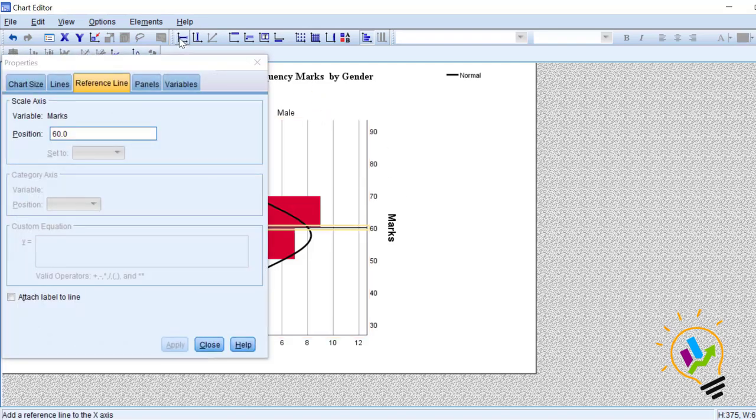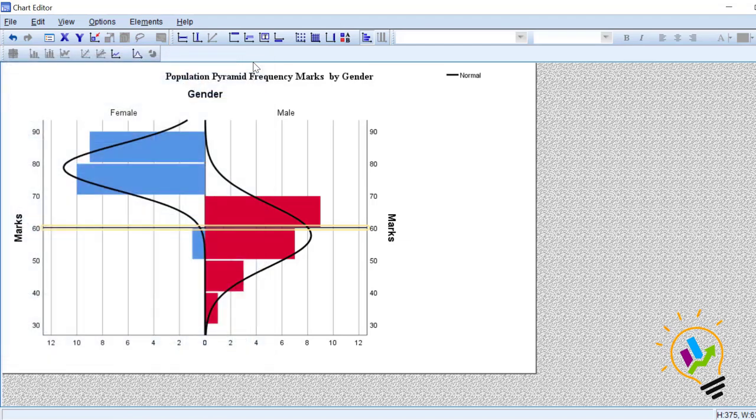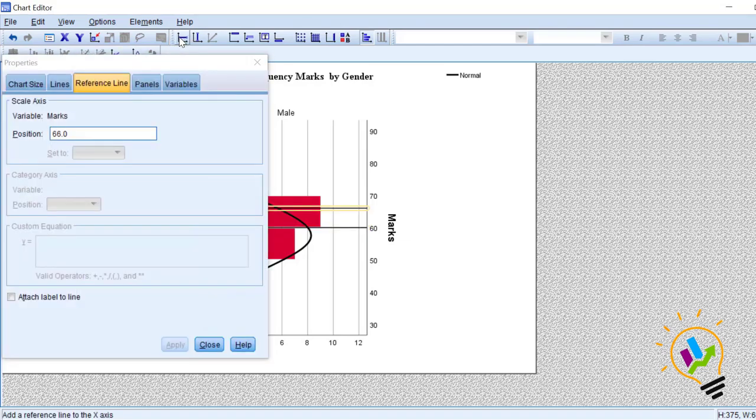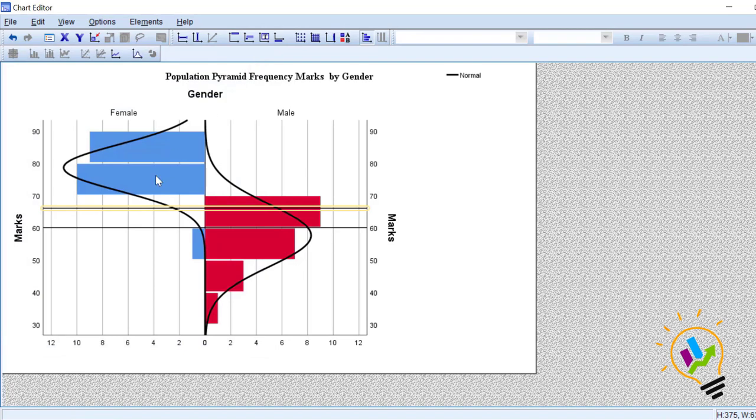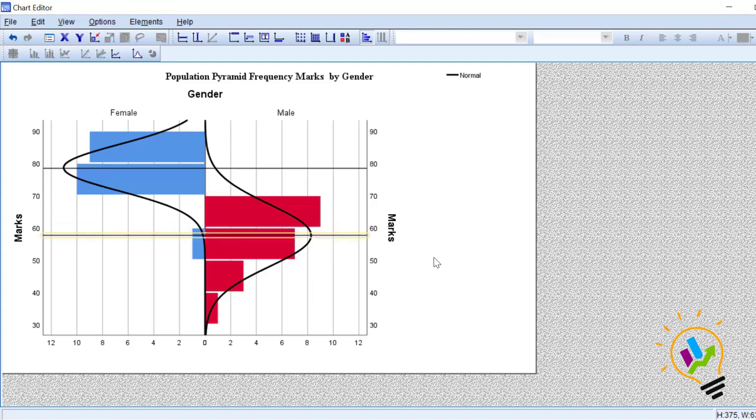Let's draw two horizontal lines. Right. Now here let's keep the mean of the female, and here let's keep this at the mean of the male.